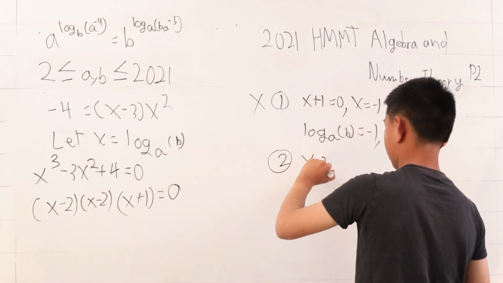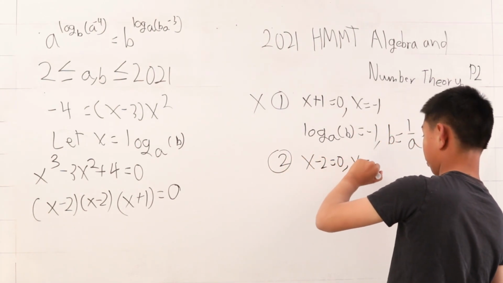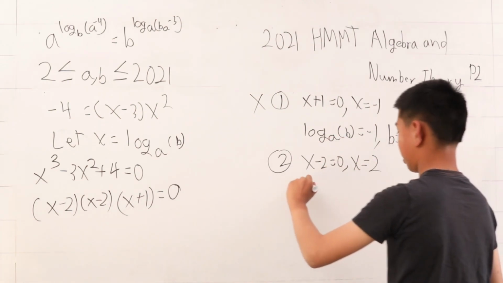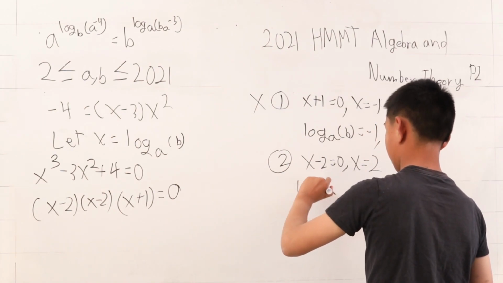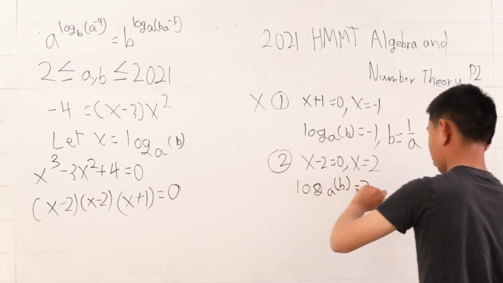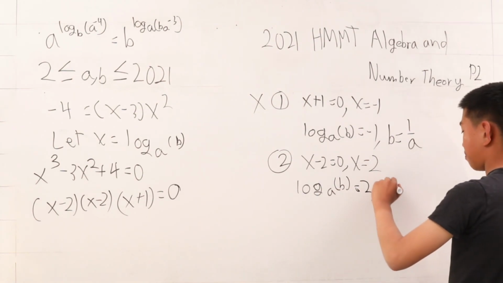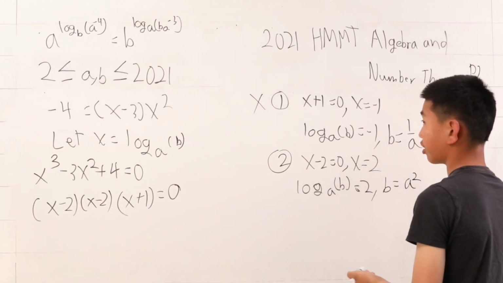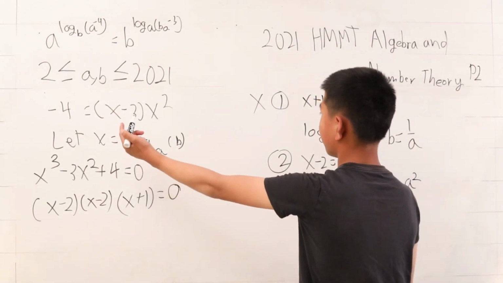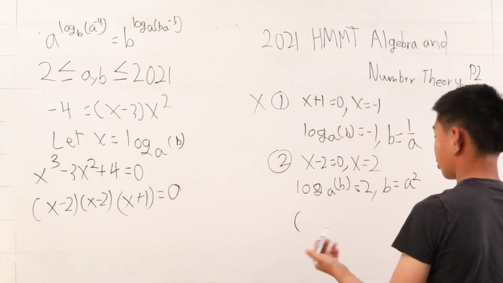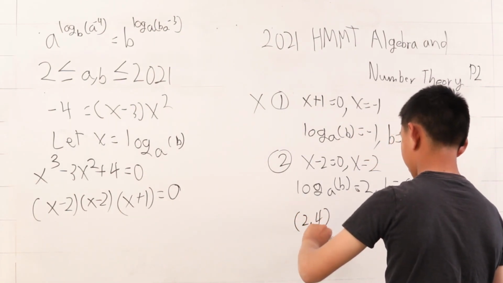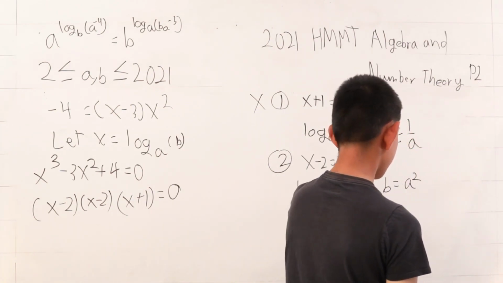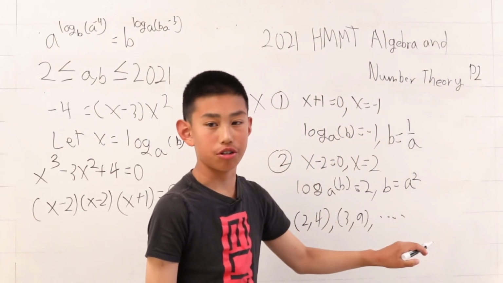When x minus 2 is 0, x is 2. Seems reasonable. From this, log base a of b is 2. And from here, we get that b is equal to a squared. So now we have to consider the cases. The least value of a can be 2, so it's 2 and 4 since they have to be squared, 3 and 9, all the way to some end value.